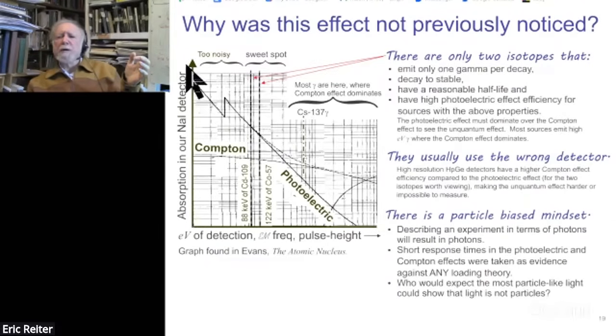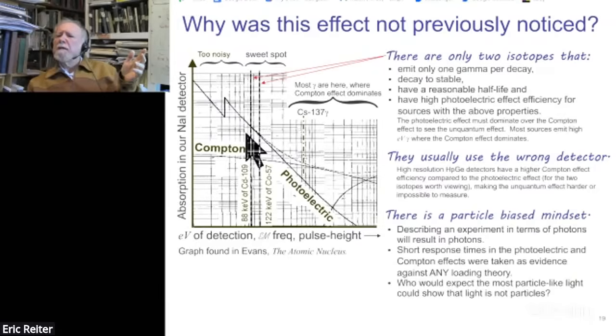And so here's the absorption coefficient of the detector. In this case, it's a sodium iodide crystal, and the crystal makes scintillation flashes of light, and it's in front of a photomultiplier tube, and that's the detector that, for the most part, I use.